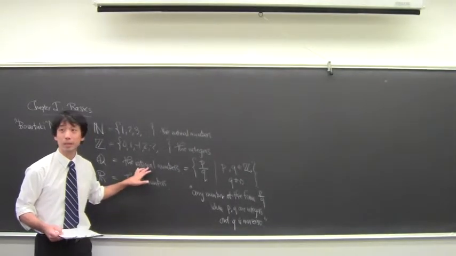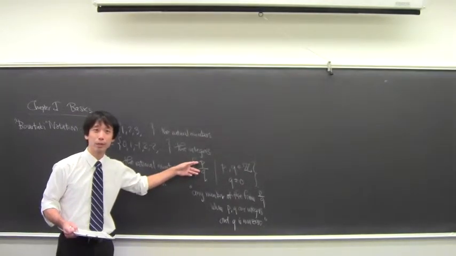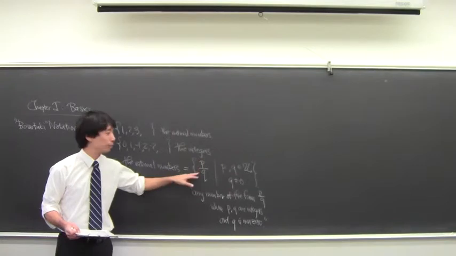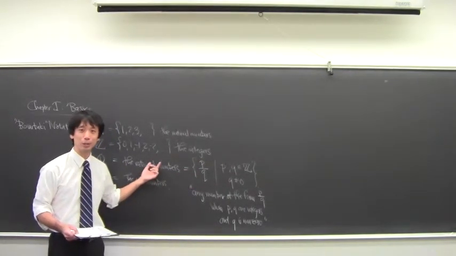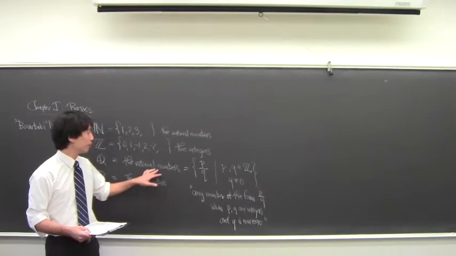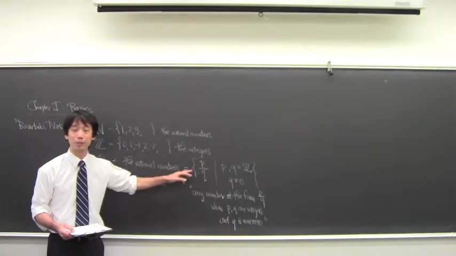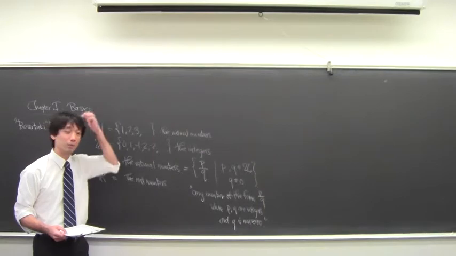So it's a ratio of integers, where the denominator is non-zero. That's why it's called the rational numbers. Or a quotient of numbers. That's where the Q comes from.